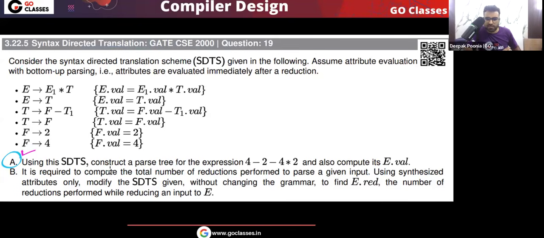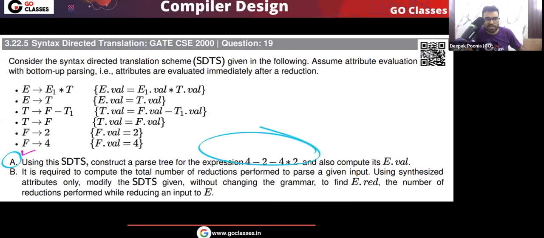We need to modify this because notice one thing, in these SDTs, some value you are calculating. The value of the expression you are calculating. In this given SDT, we are calculating the value of the given expression, assuming that subtraction has more priority than multiplication, and subtraction is right associative and multiplication is left associative.